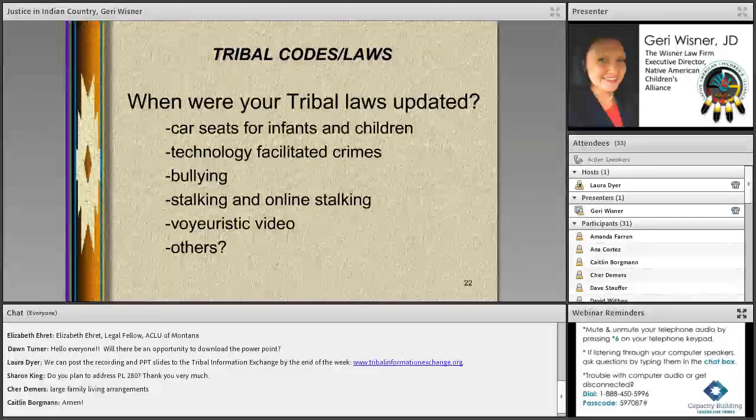Now, when we're talking about tribes and tribal justice, we're getting focused more now on, rather than the social and the federal perspective, let's look at things from a local, tribal perspective. And what is tribal justice? So as I was putting this together, I thought, when were your tribal laws updated?